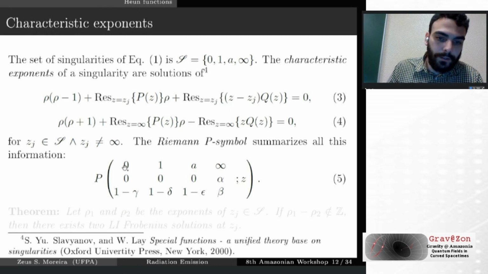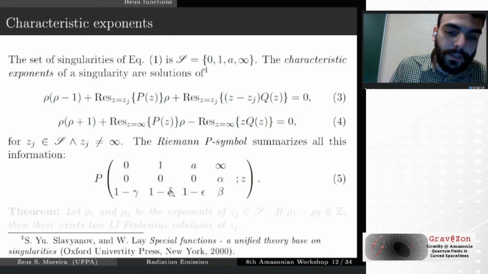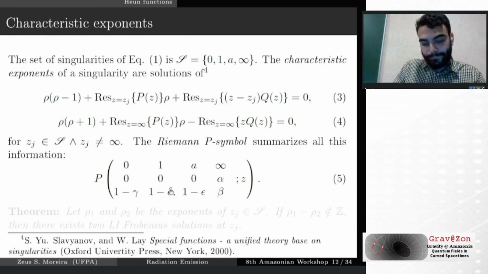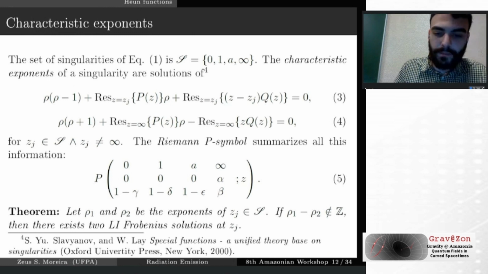So the singularity at 0 has exponents 0 and 1 minus gamma. The singularity at 1 has 0 and 1 minus delta, and so on. And here I state a theorem that will be very important.